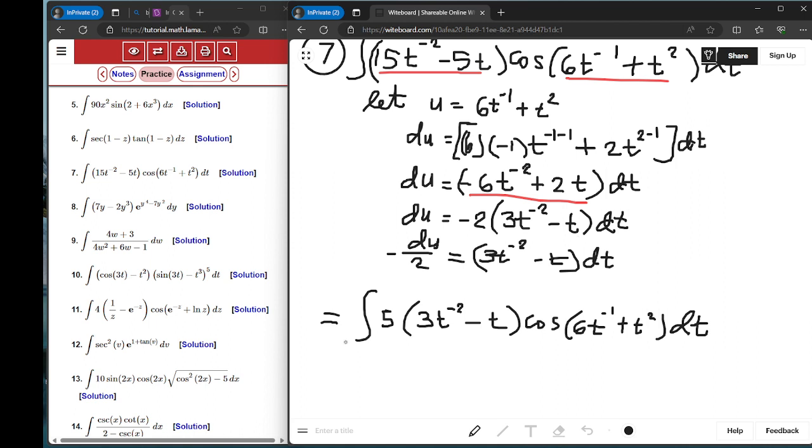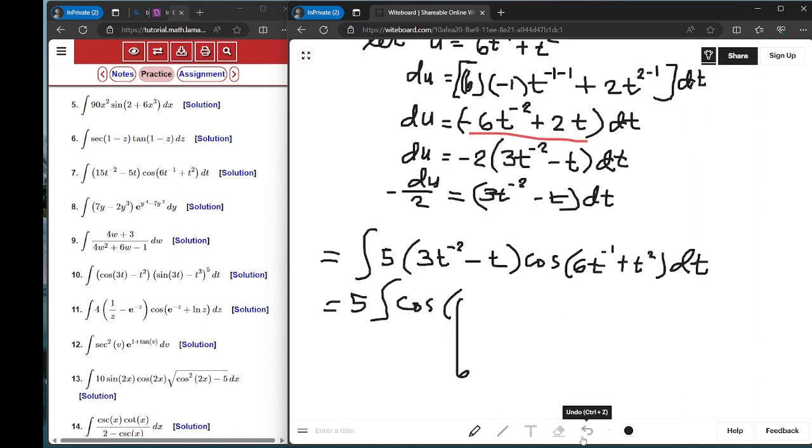Let's rearrange: this is 5 times the quantity cosine of 6t to the negative 1 plus t squared times 3t to the negative 2 minus t, and dt, the derivative of t.